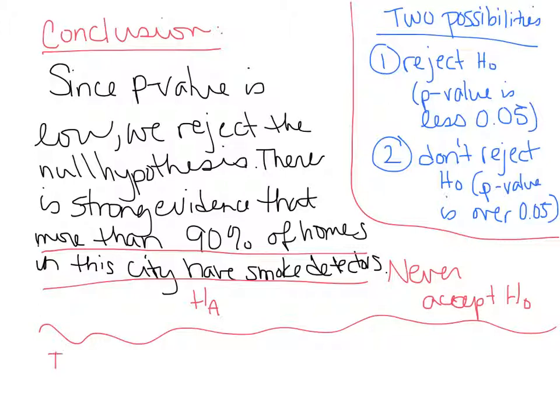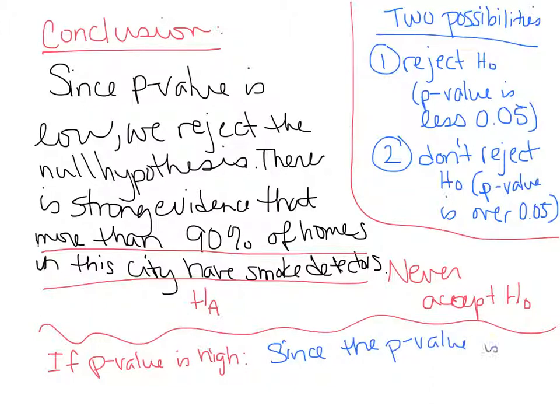Now, if the p-value is high, then you can say something like, since the p-value is high, we fail to reject the null hypothesis.